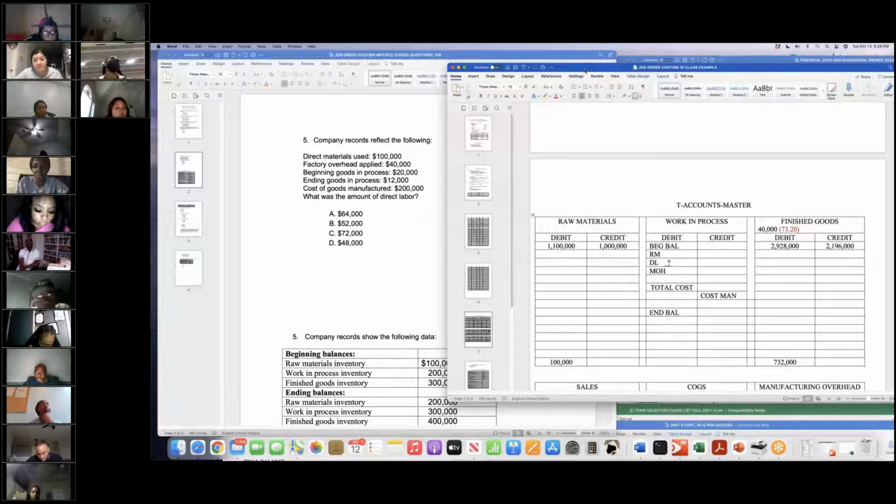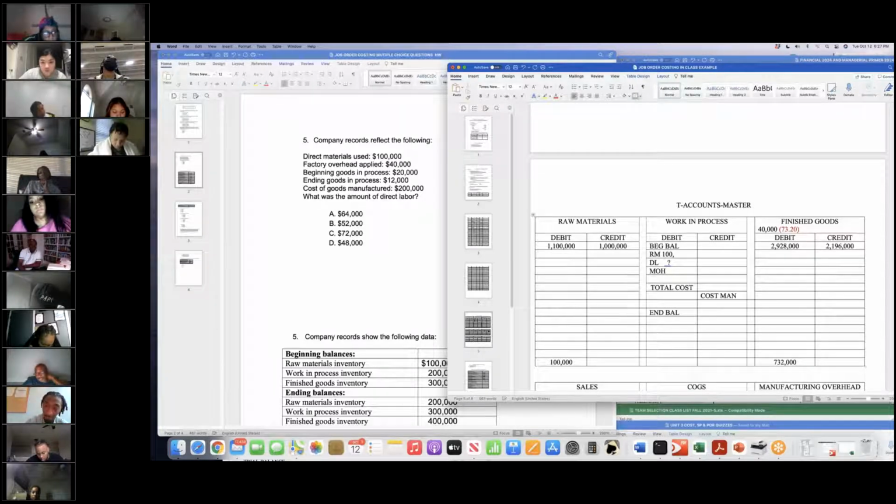So can we begin to put these numbers in? So it says the direct materials used was 100,000, right? Correct. Then the factory overhead applied was 40,000.